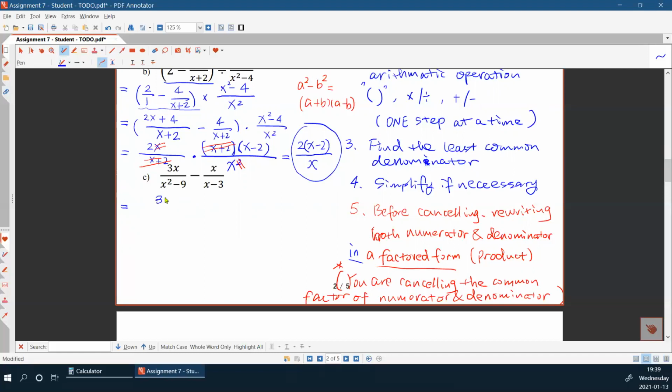So the first step is to factor the first denominator to x plus 3 times x minus 3, right? Okay, keep the second term unchanged. Now we can see that the least common denominator is x minus 3 times x plus 3, right? Again, we're using this formula here.